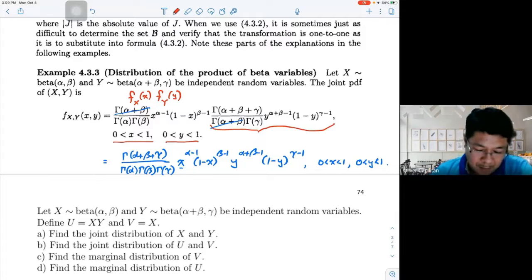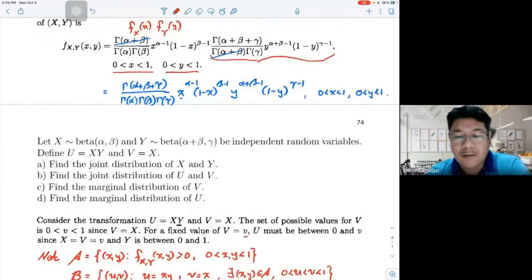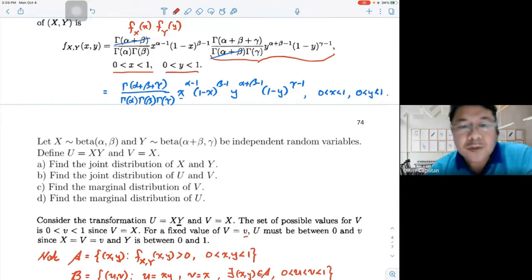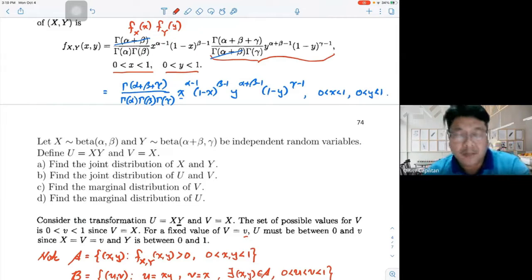So we have here at the bottom, we let X have a beta alpha beta distribution, Y beta alpha plus beta gamma distribution, and these are independent random variables. Then we define U to be the product XY and V to be equal to X.